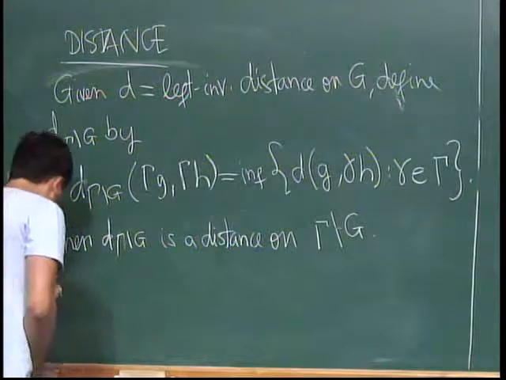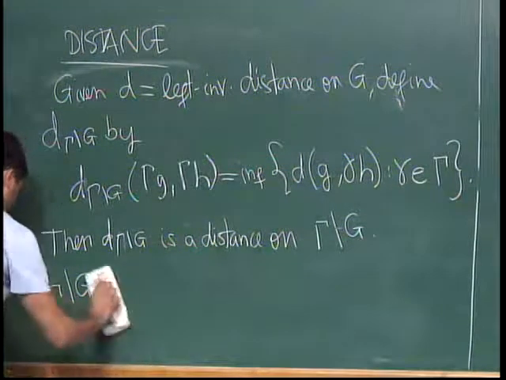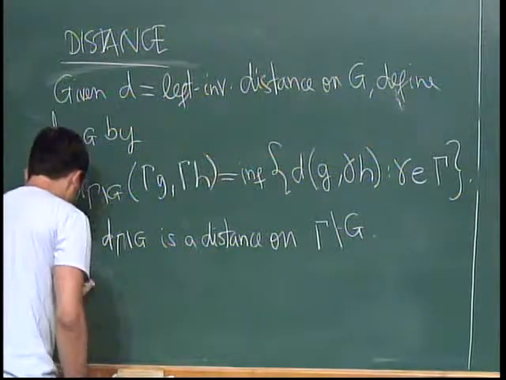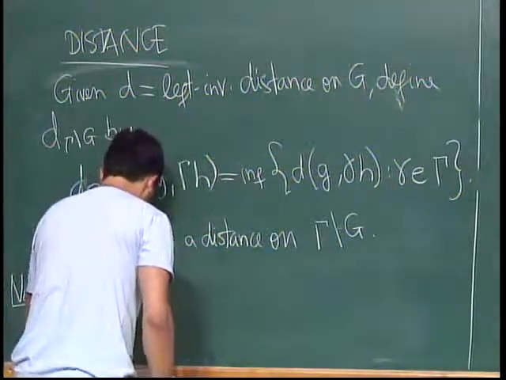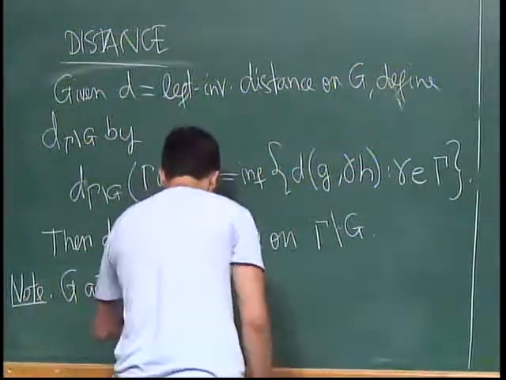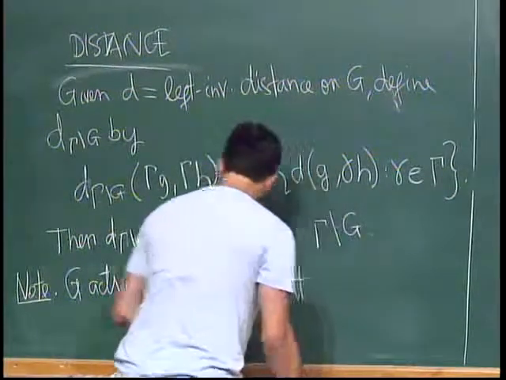So on gamma mod G, I have an action of G, but the action is the right action. So note, G acts on the right quotient on the right. How do I do that?